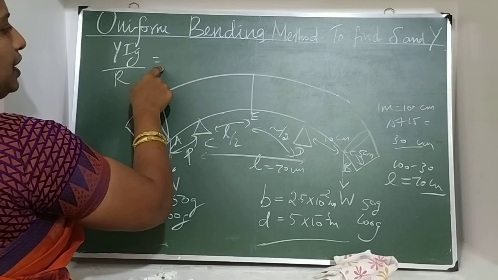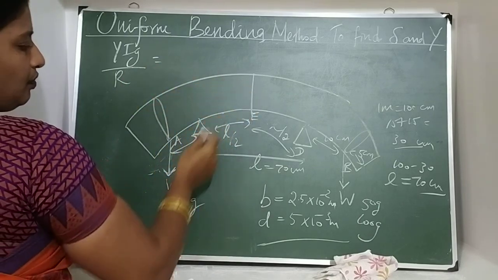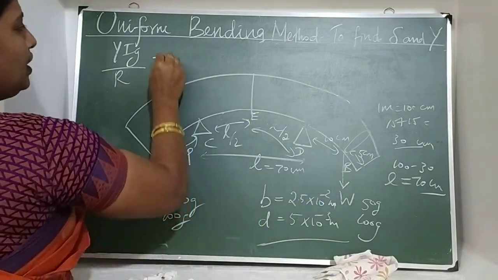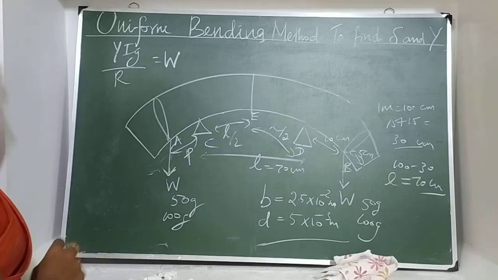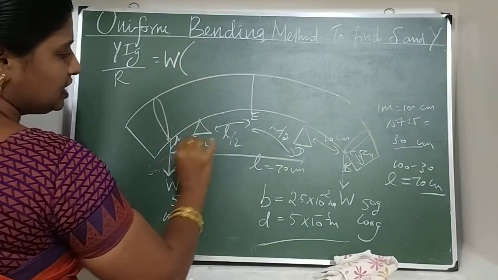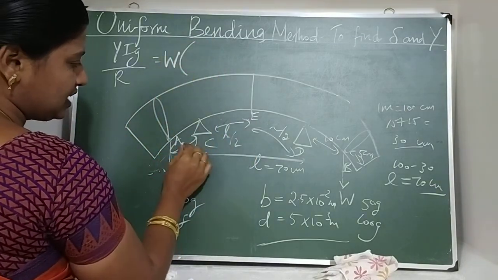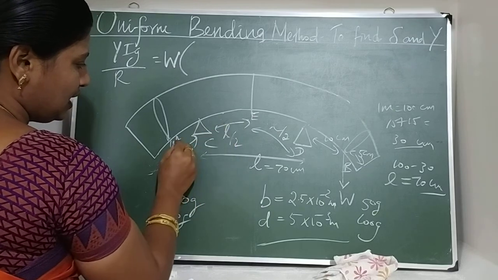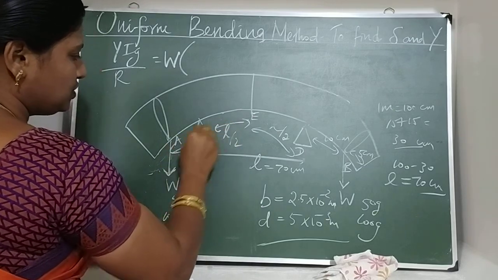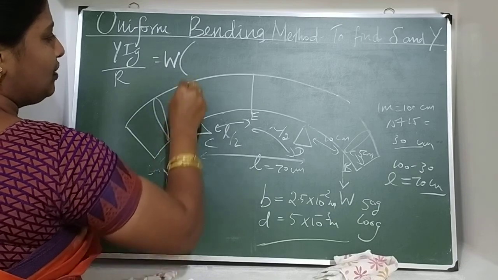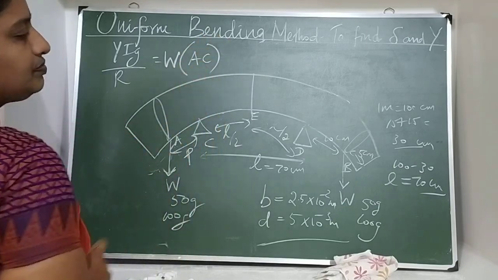This bending moment equals, for the downward load W applied, and then the changing area. Which changes this area? First we consider A into C, knife edge to this weight hanger, fixed end AC.